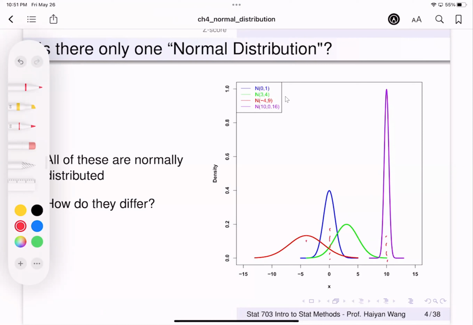The standard deviation basically determines how much the possible values will spread out around the center. In these different situations, you can see that the standard deviation of 0.16 would give us the majority of the values centered around this mean. And on the other hand, if you look at the red one, it has the most variation and the values are further apart from the mean.